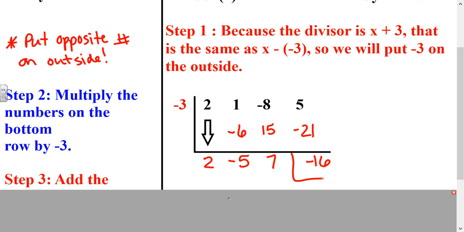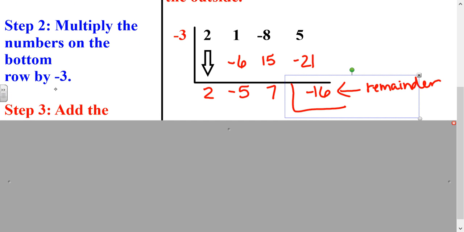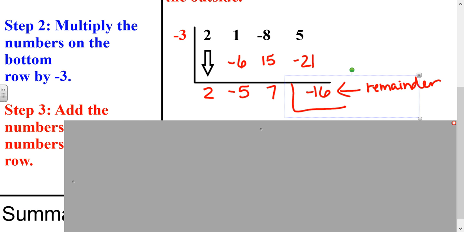Now, whatever this number is on the outside, that is your remainder, because remember, we're actually dividing, we're not substituting, so this isn't the answer, this is the remainder. So, I kind of wrote the steps out here. We multiply the numbers on the bottom by -3, and then we add the insides.